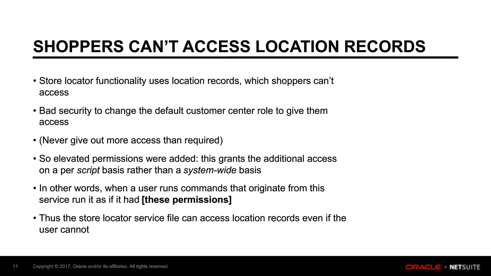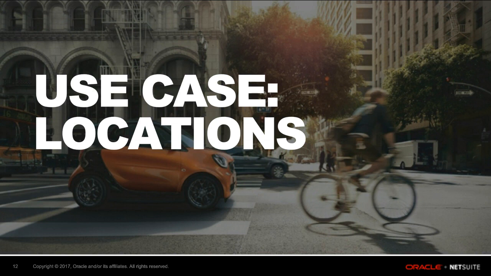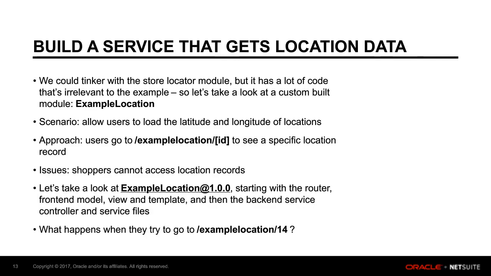So we can now move on to some use cases. In terms of locations, we could tinker with the store locator, but it's probably best if we have a very pared down example. So for this scenario, I want users to get the longitude and latitude of a certain store based on the ID that they provide through the URL.